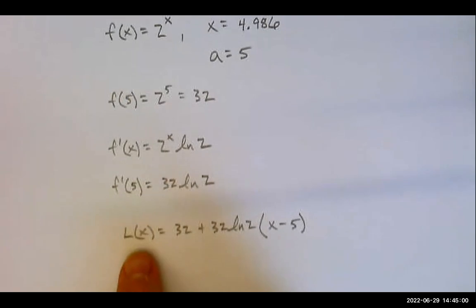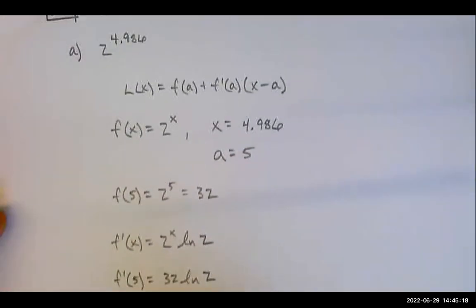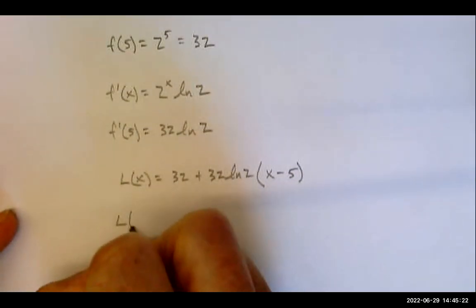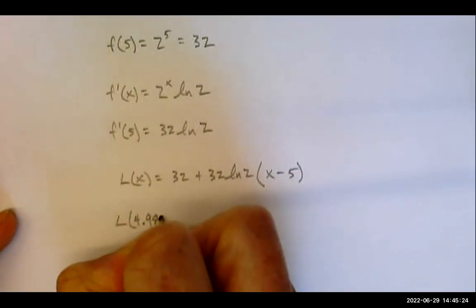So this equation right here, the equation of the tangent line, is all it is, going through our point there at 5. We're flattening out the actual curve just for values close to 5. All right, so to finish this off, all we're going to do is plug in our x value, L of 4.986.